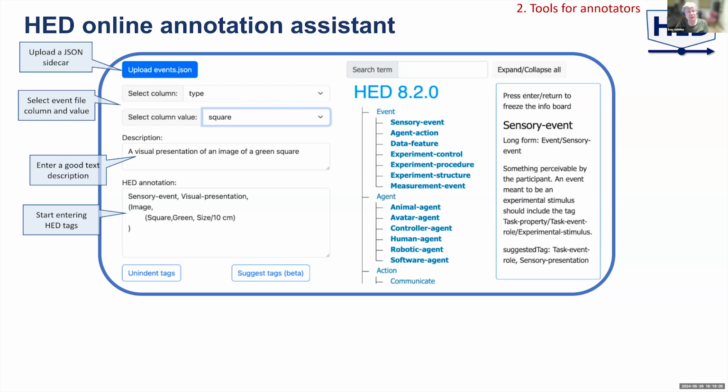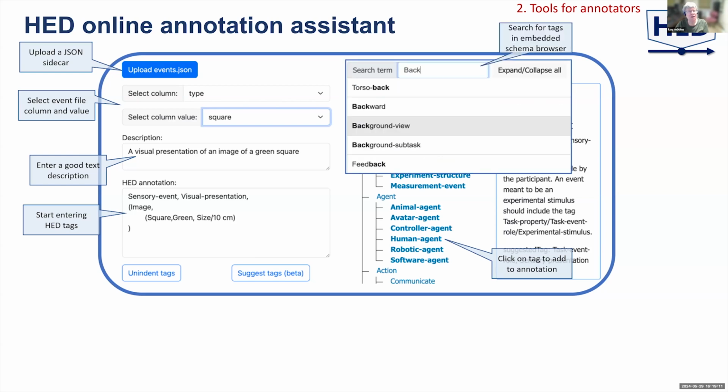You can click on a tag here to add an annotation. You can also use the search bar, and it'll give you the options that have the word in it. You can then select one of these to add to the annotation at your cursor, or you can type it in.